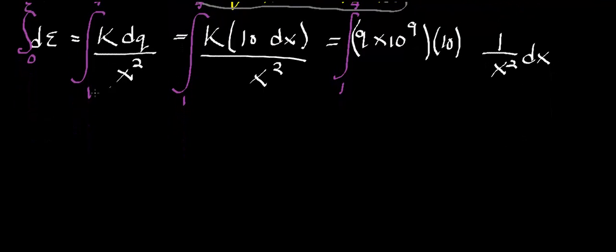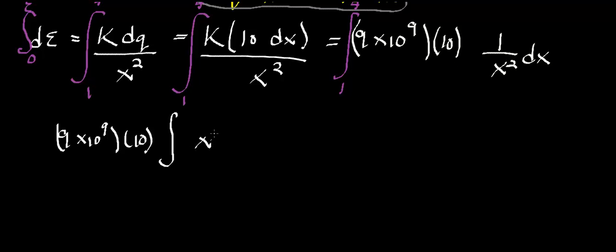So I'm going to rewrite this. I'm going to say that we have 9 times 10 to the 9th times 10 times the integral of, let's actually pull x squared into the numerator to make it x to the negative second dx, evaluated from 1 to 4, okay?